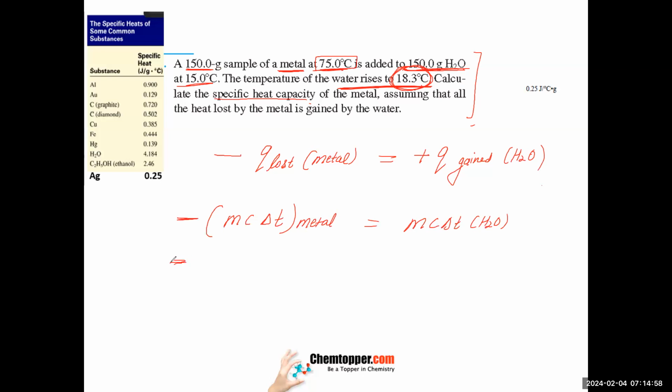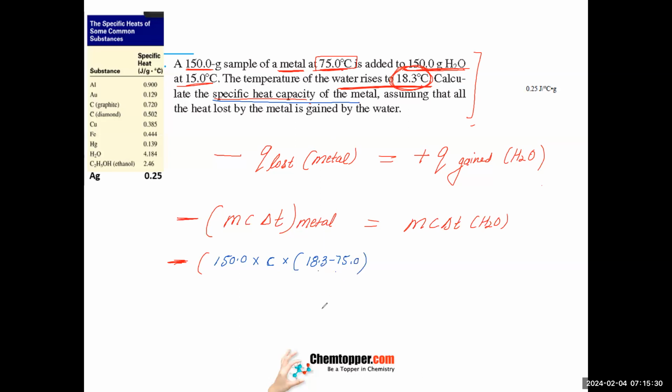What's the mass of the metal? 150.0. C, do you know the specific heat capacity of the metal? No. Just take it like this only. Do you know delta T? Yes. It is 18.3 minus 75.0.